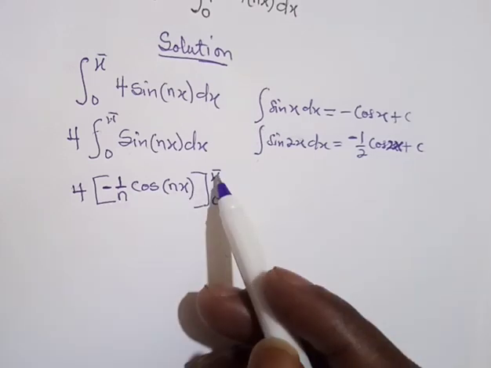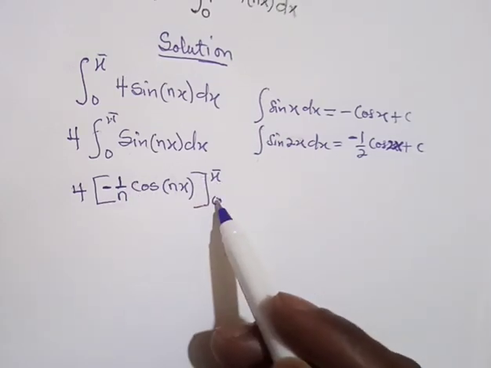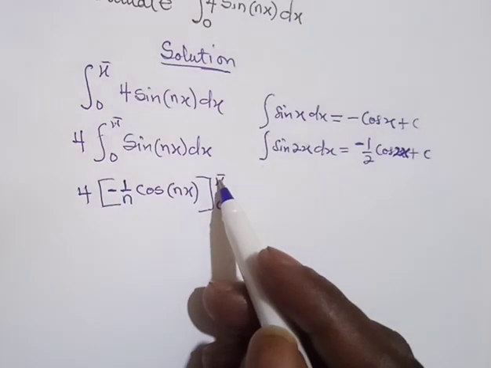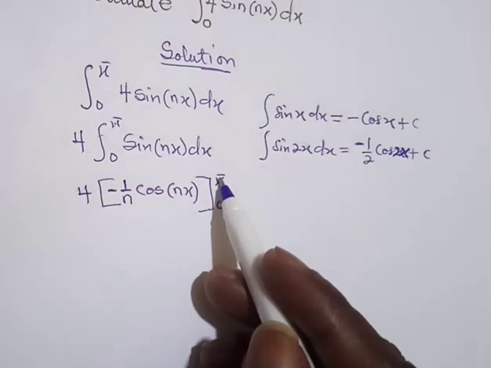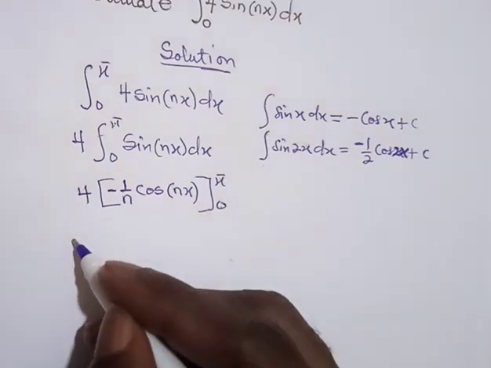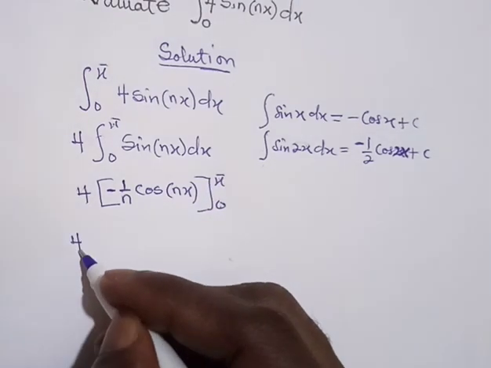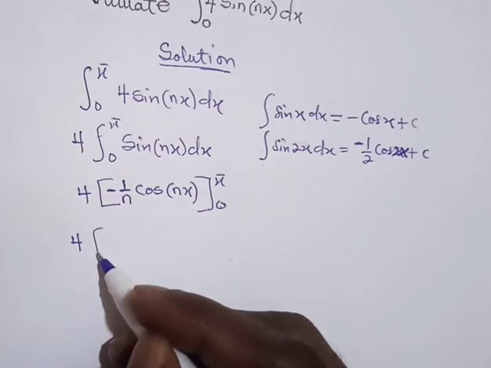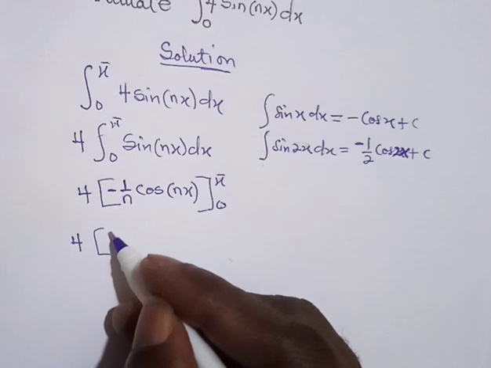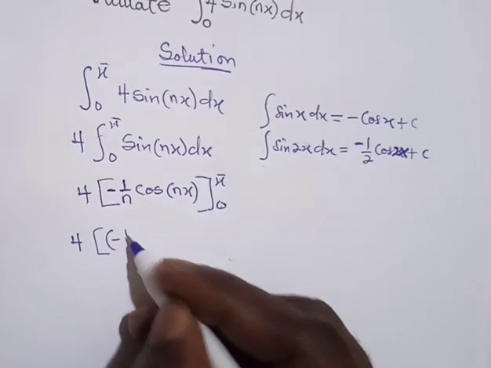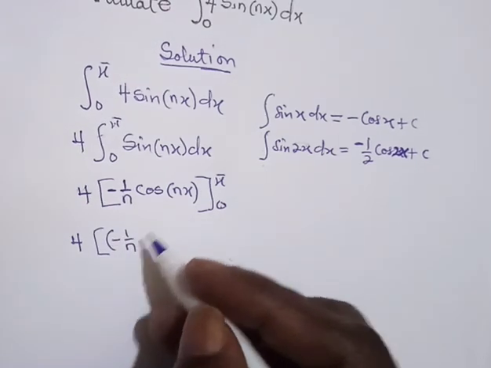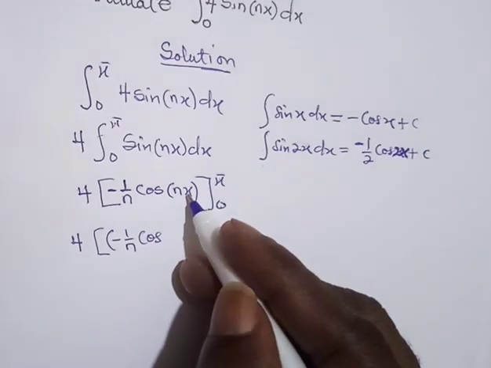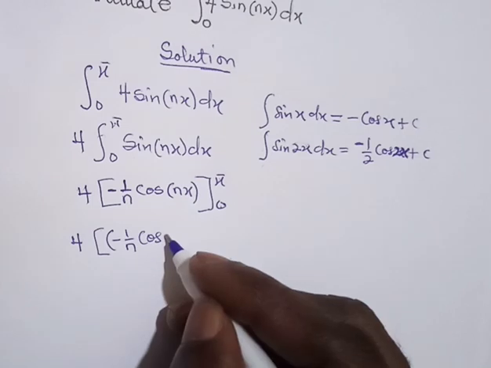So it means that we are going to substitute the whole of this, 0 and pi, but we'll begin with pi because it goes from 0 to pi. So we can write here 4 out. Then we have negative 1 on n cos, then wherever I see x, I'll put pi there.